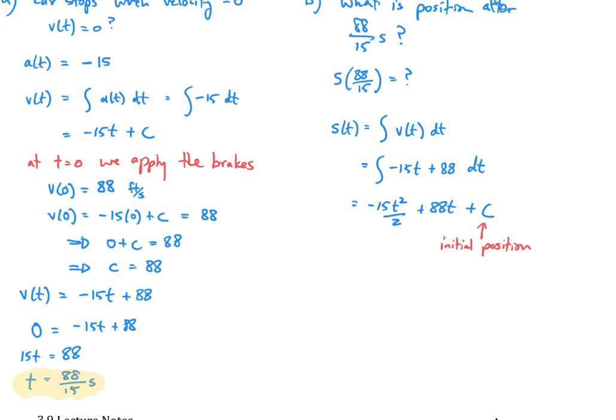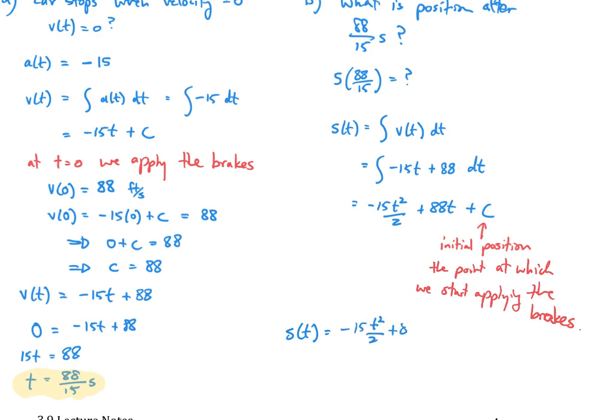This is the point at which we start applying the brakes. So I'm going to set that equal to 0 because that's going to be the moment I start measuring the stopping distance. So long story short, our position function is going to be equal to negative 15t squared over 2 plus 88t.